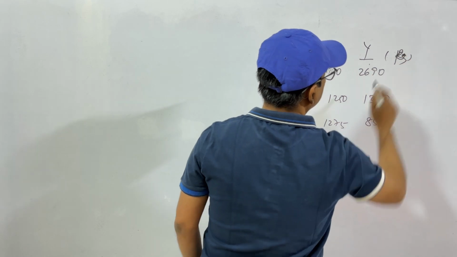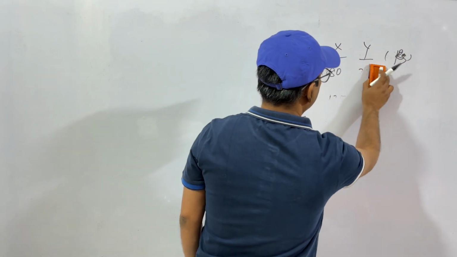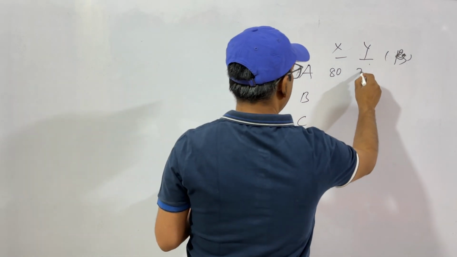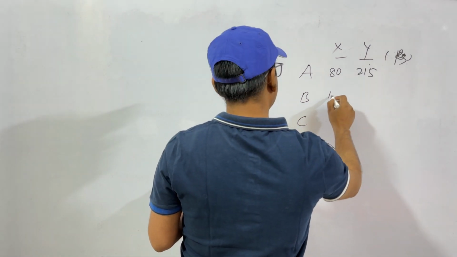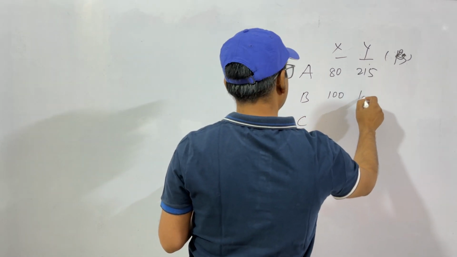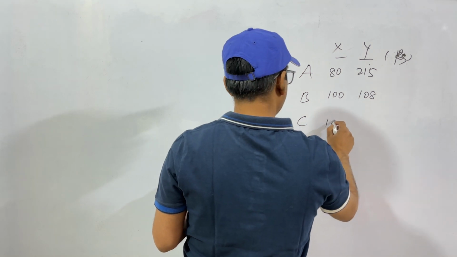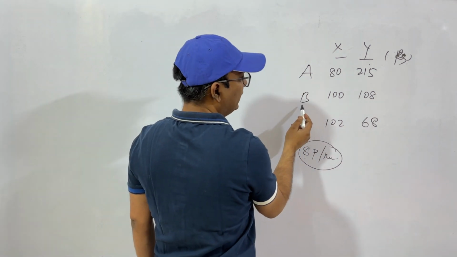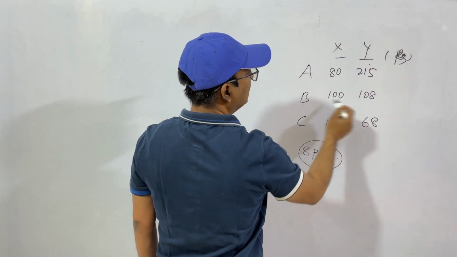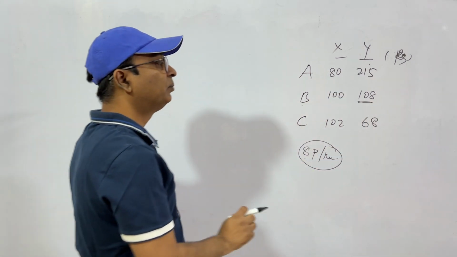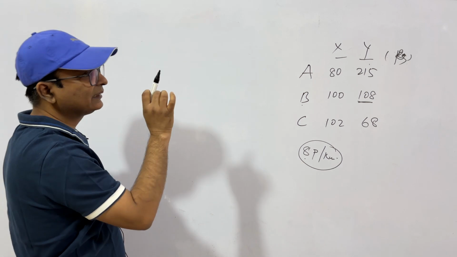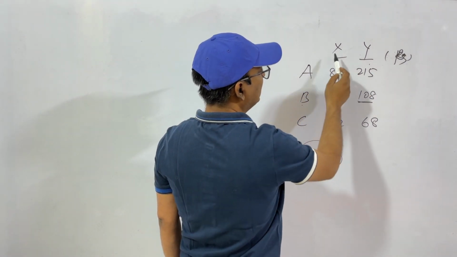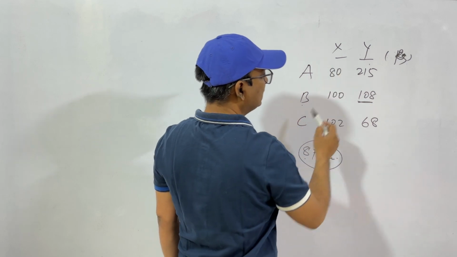Now we change the units to rupees. So we multiply all, and the values are 80, 215, 100, 108, 102 and 68. So transporting an item from B to Y is rupees 108 per unit. So we know what is CAX, CAY, CBX, CBY, CCX, CCY.